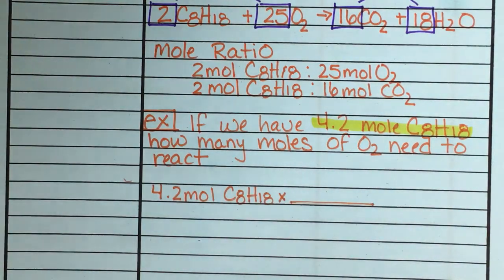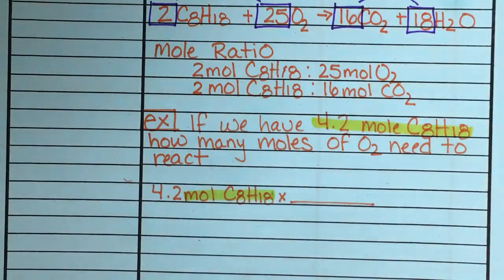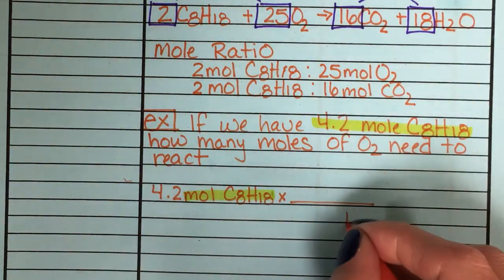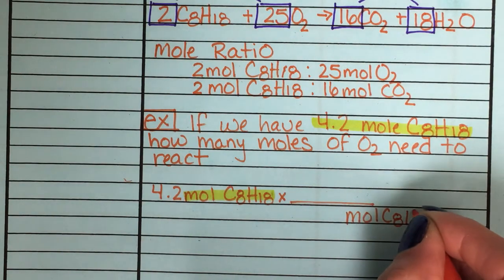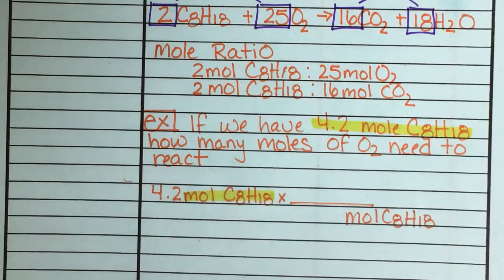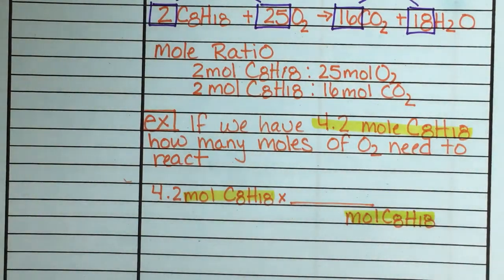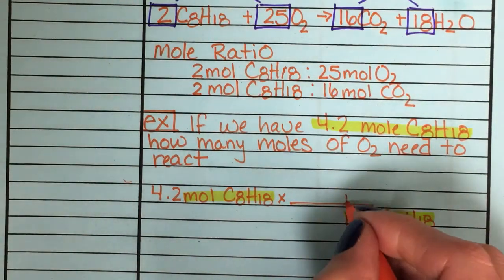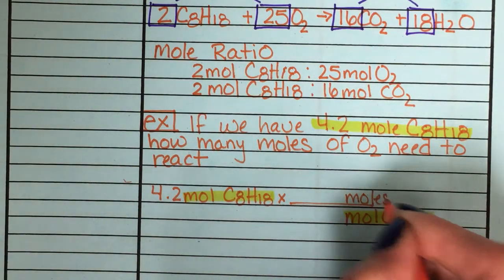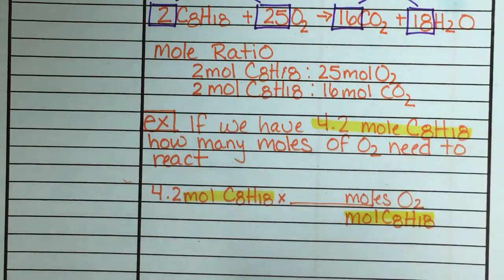So just like before, because I'm starting with moles of C8H18, they have to go on the bottom. Okay, here's where it gets different. What I'm changing to still goes on top. I'm changing to moles, but this time it's a completely different element or compound.